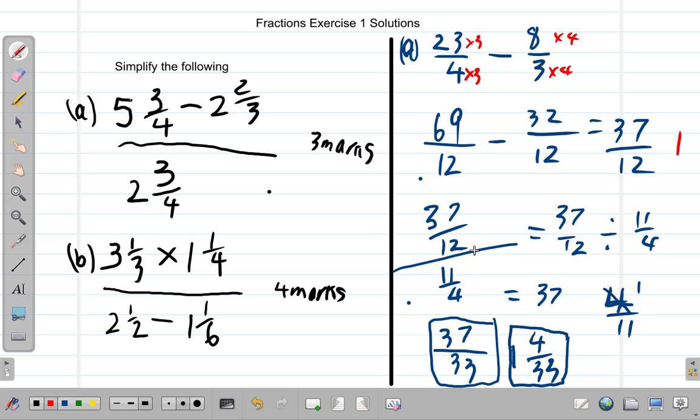I can see that you know exactly what the principle is here. So you give yourself 1 mark for this. Then when you multiply and reciprocate the denominator and you simplify down, you give yourself 1 more mark. Did you get the 3 full marks? Let's look at part B.